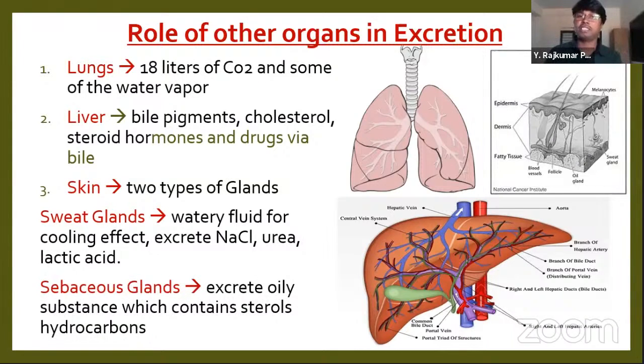There are other glands called sebaceous glands. These two are different. Sebaceous glands excrete an oily substance which contains sterols and hydrocarbons. So skin contains two kinds of glands: sweat glands and sebaceous glands. Let me show you where they are located. Sweat glands are located here.